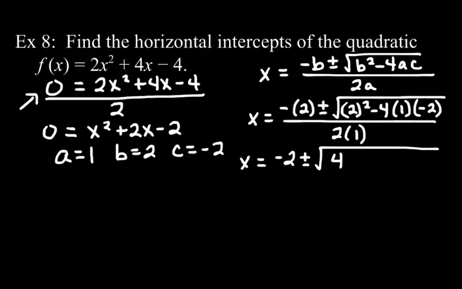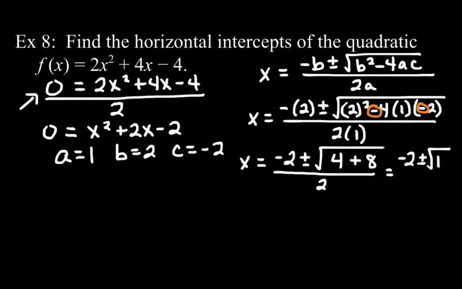And then notice we've got a -4 times a +1 times a -2. That's going to end up being +8. And on the bottom, 2 times 1 is 2. So that gives us -2 plus or minus, and then we can simplify the inside of the radical, because that's just 12.